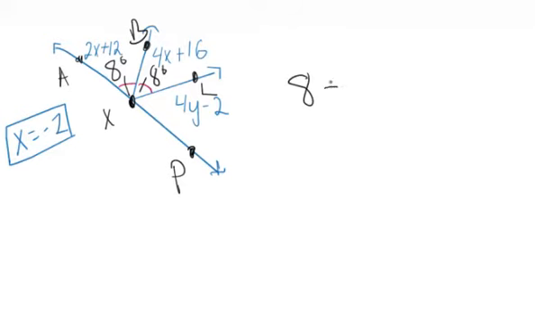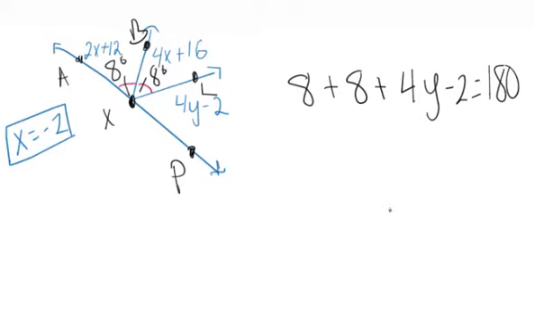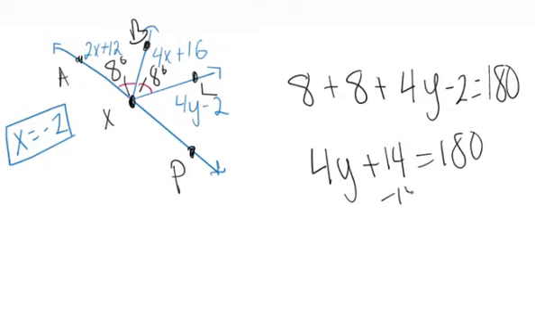So we get 8 plus 8 plus 4y minus 2 should add up to 180, okay? And so let's go ahead and do this. We get 8 plus 8 is 16, but then subtract 2, so I'm going to get plus 14 here equals 180. Go ahead and subtract 14 from here.